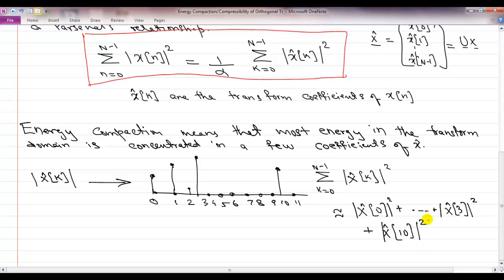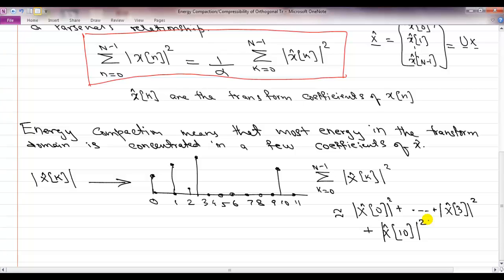Although the total transform domain is 12 dimensional, capital N equals 12, we need only 5 coefficients to describe the signal.